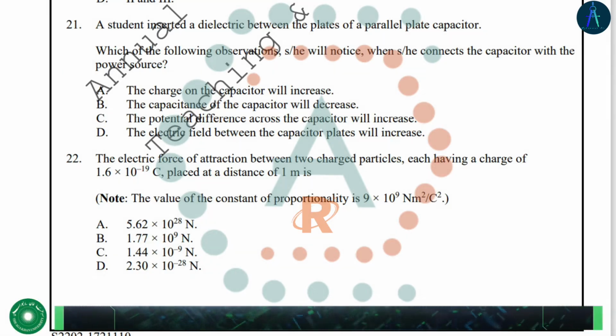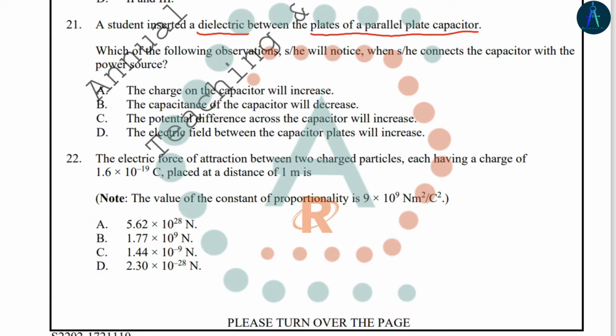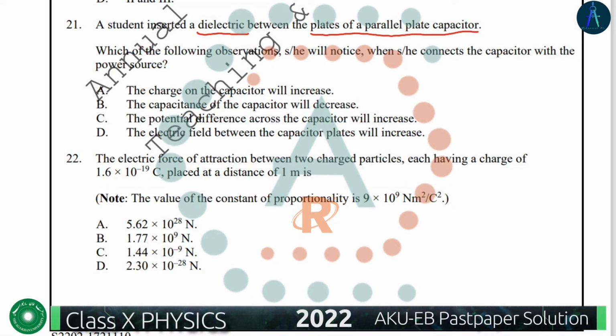A student inserted a dielectric between the plates of a parallel plate capacitor. Which of the following observations will he observe when he connects the capacitor with the power source? In short, what will be the effect of inserting a dielectric between the plates of the capacitor?